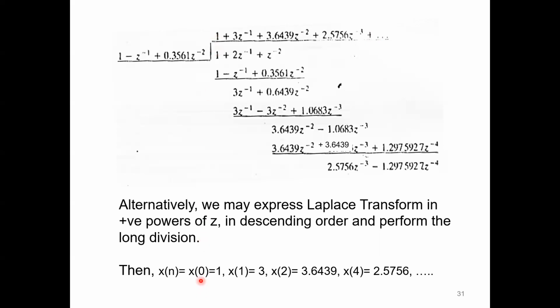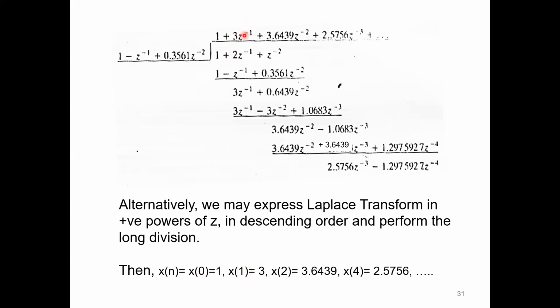You can see it over here, x0 is 1. This is the second sample because it comes with z to the minus 1. So find out where is z to the minus 1. This is the sample at time 1. The sample is 3. So 3 comes over here as the second sample.